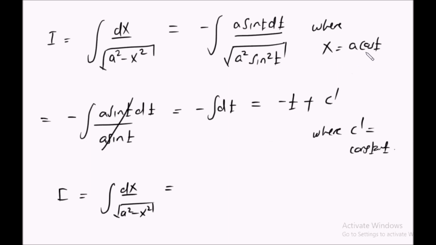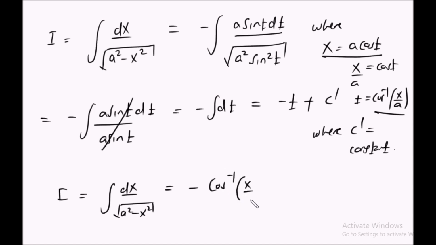Kwa t hapa naweza nikapata t, if I make t the subject here, it's just going to be x over a sawa na cos t. So see that my t is going to be equal to cos of inverse x over a. Kwa ni negative, so negative t sasa ni huyu cos of inverse of x over a plus c dash, where c dash is constant. So this is the integral.